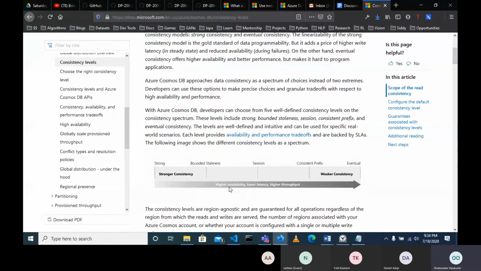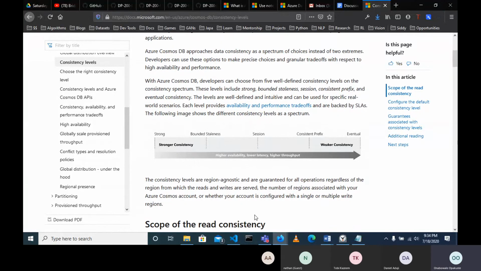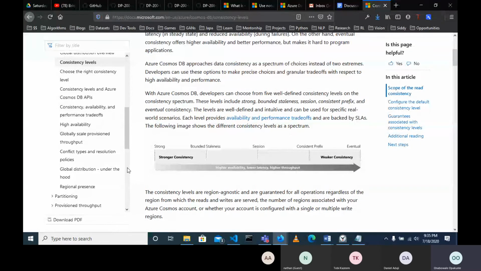You have to be cognizant of the fact that you're trading availability and performance when you're choosing. All this comes when you're configuring your Cosmos DB instance, right?